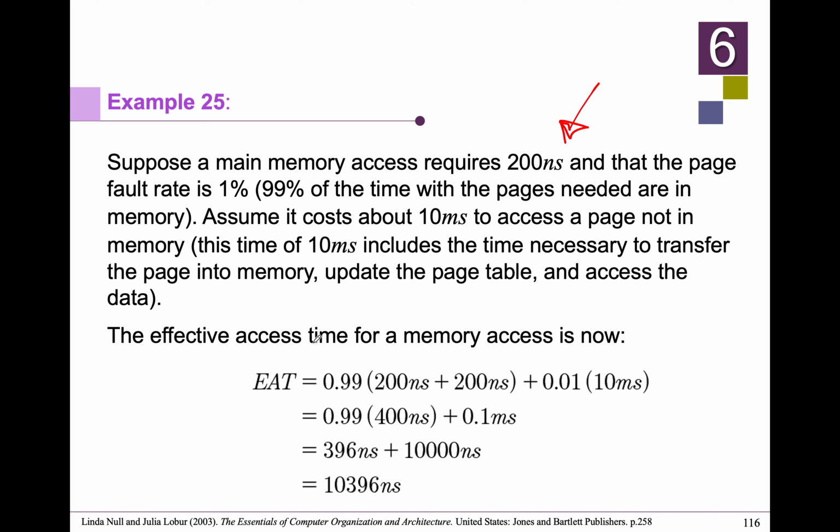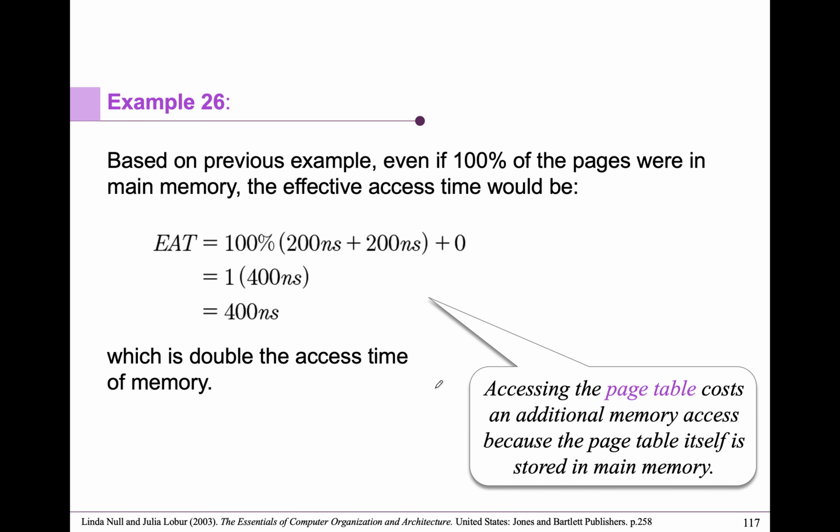So please go back to your 6.3 under our EAT, and then please memorize the equation, and you can answer it easily. So there are a few questions for the example. Please try to do it. It is not very hard. It is just for you to implement it into the equations.